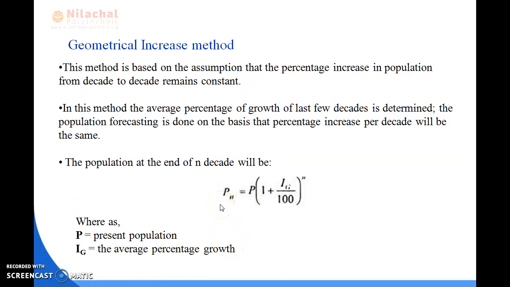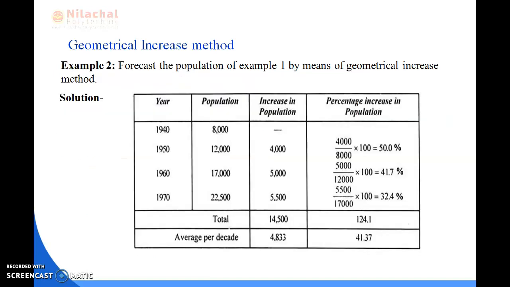As all of you know, Pn is the population after n decades, P is the present population, Ig is the average percentage growth, and n is the number of decades, where 10 years equals 1 decade, or 20 years equals 2 decades. And here we have done the problems of the geometrical increasing method.